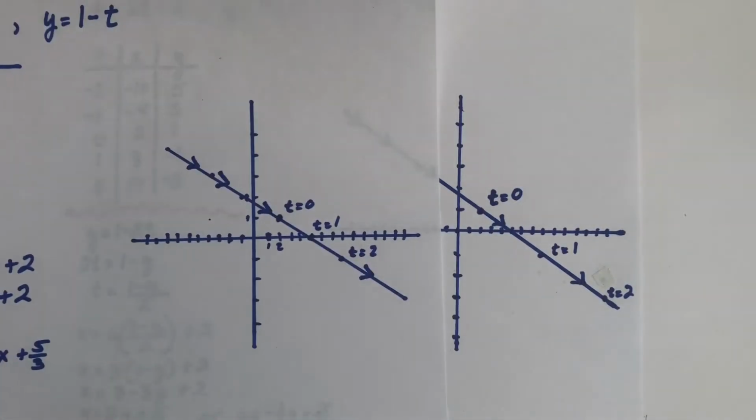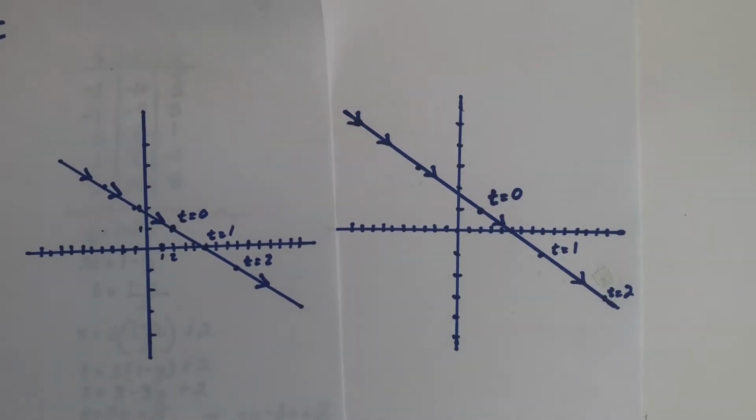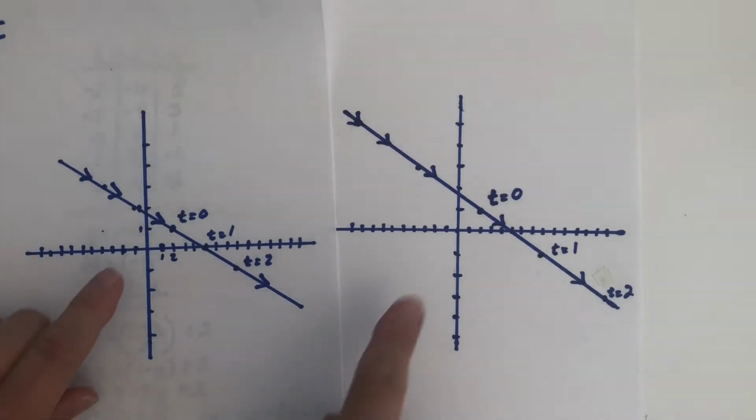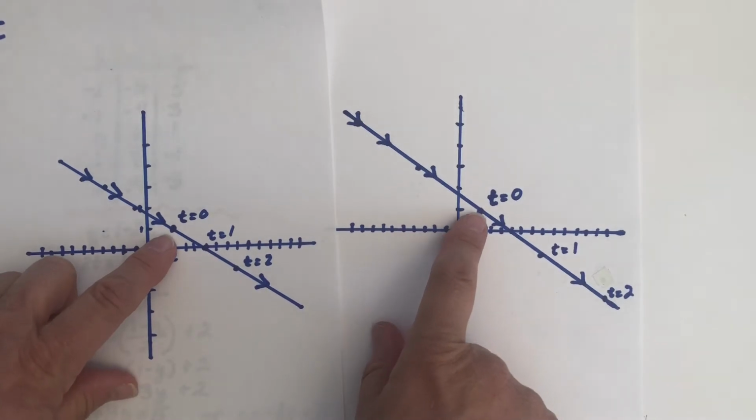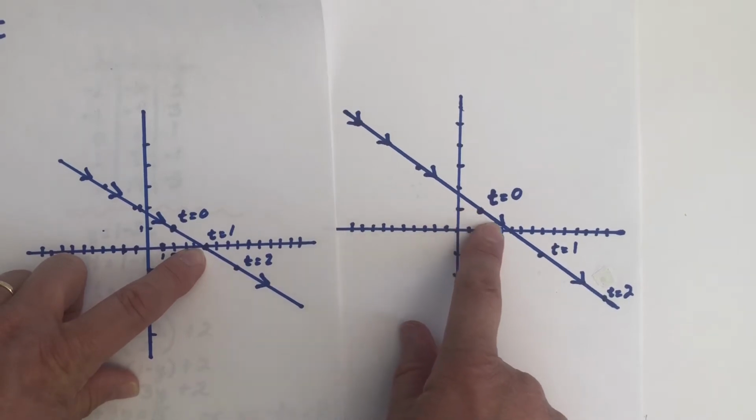But look at what's different. This is what I want you to see about parametric equations. They give you more than just, here's the graph. They give you some more information about the path of this point. Notice for both equations, t equals 0 was right here. But on the one on the left, t equals 1 is here, and on the one on the right, t equals 1 is here.